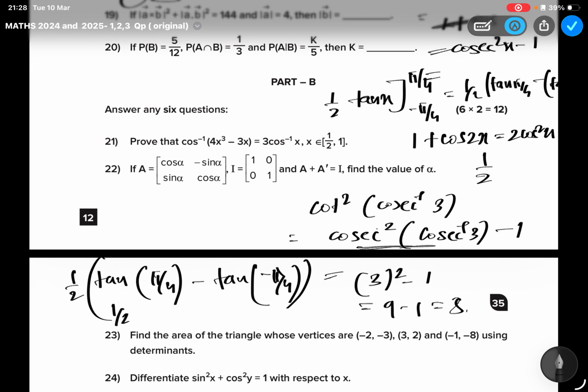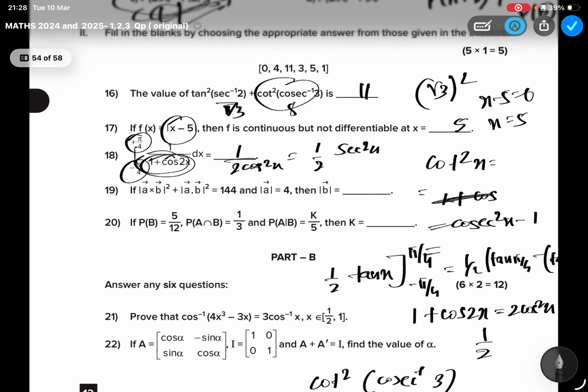Tan pi by 4 is 1, minus of minus 1 is plus, so 2 divided by 2. The answer will be 1.